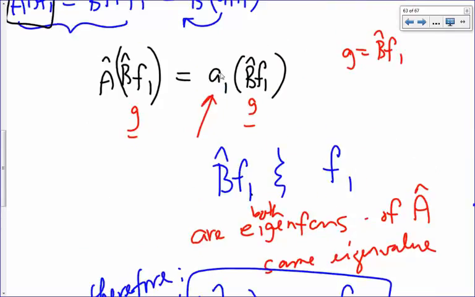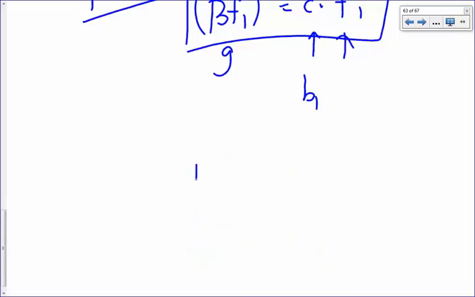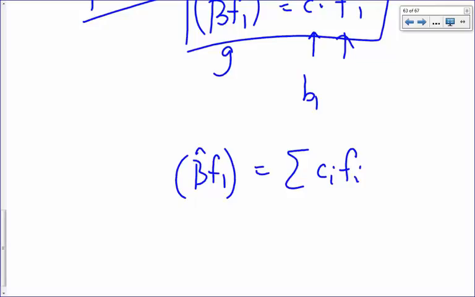If there's more than one possible linearly independent eigenfunction of A with this eigenvalue, then you're going to have to write B hat F1 as a linear combination of the eigenfunctions of A. But it's always possible, we've seen that with the Schmidt orthogonalization procedure, to select from those degenerate eigenfunctions a common set.